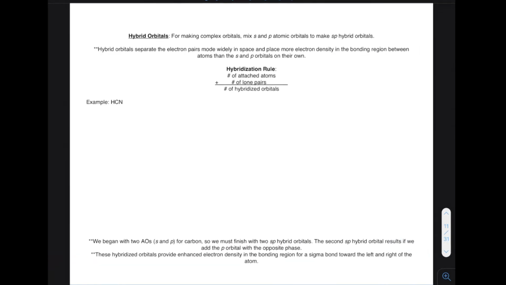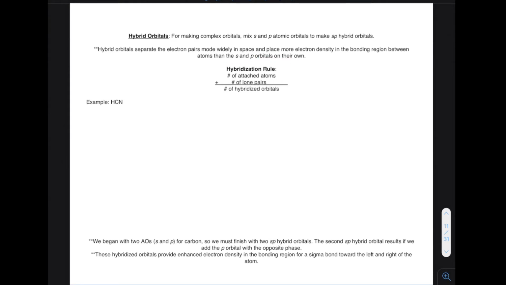So let's talk now about hybrid orbitals. I think you're probably a little familiar with this from general chemistry, but hybrid orbitals are for making complex orbitals where you're mixing the s and p atomic orbitals to make sp hybrid orbitals. Hybrid orbitals separate the electron pairs widely in space and place more electron density in the bonding region between atoms than the s and p orbitals could on their own.